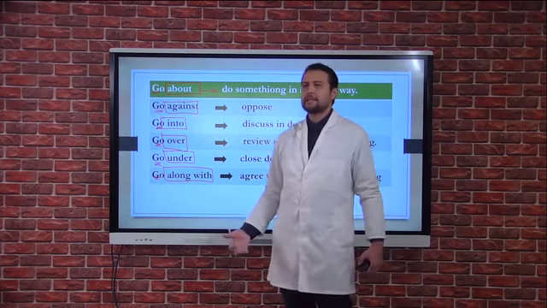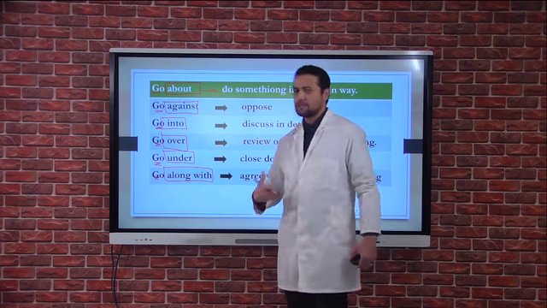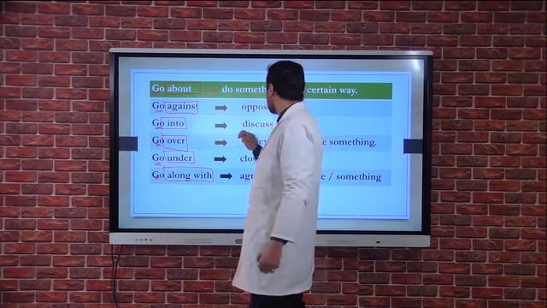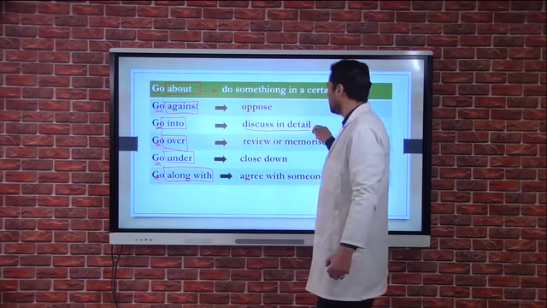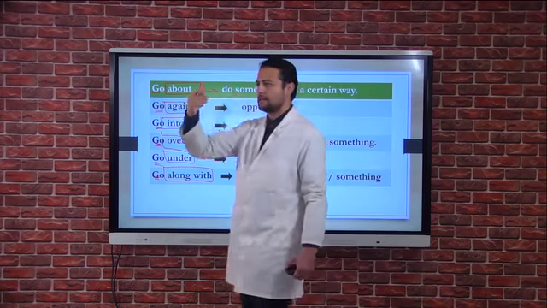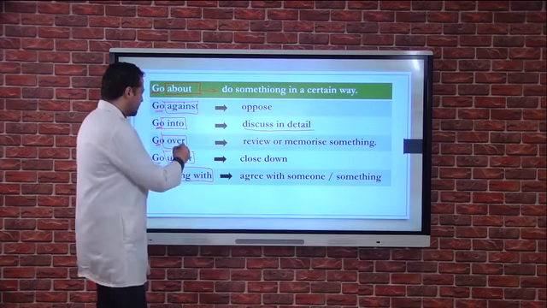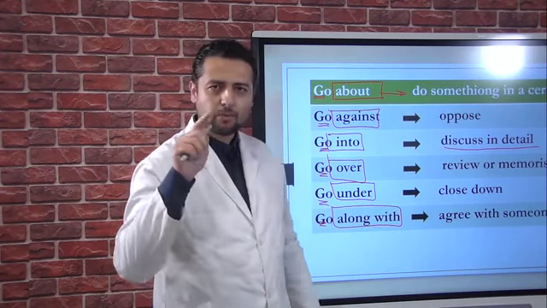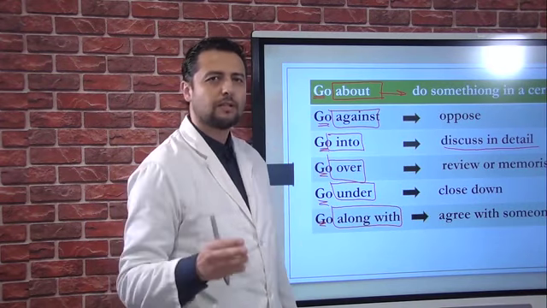To go against someone means to oppose it. It means to be not in his favor. To go into means to discuss in detail, which means to discuss words or a topic in detail and so on. To go over means to review and memorize something, and this is what you really should do as students during these days.